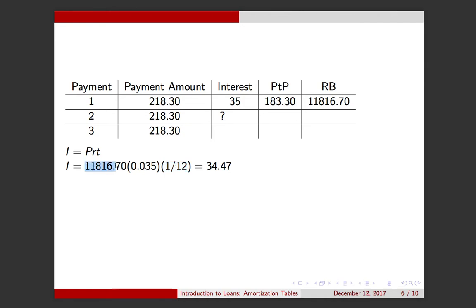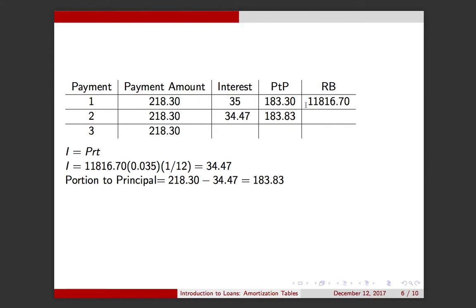So here's the amount you owe, times the APR, times this new chunk of time from payment 1 to payment 2, and now you get $34.47, and that goes right there. Notice they're keeping slightly less of the check as a fee. So the portion of principal now is just take what's left of this check you wrote, take out the interest amount, and you get 183.83. Put that in portion to principal.